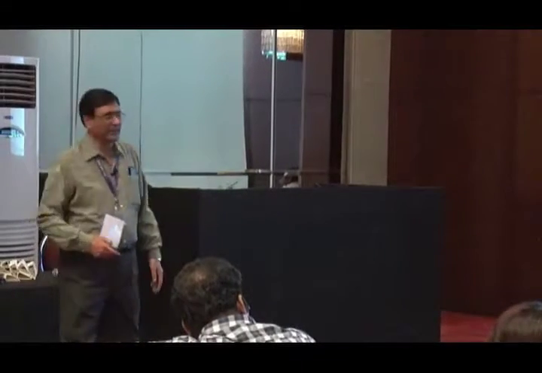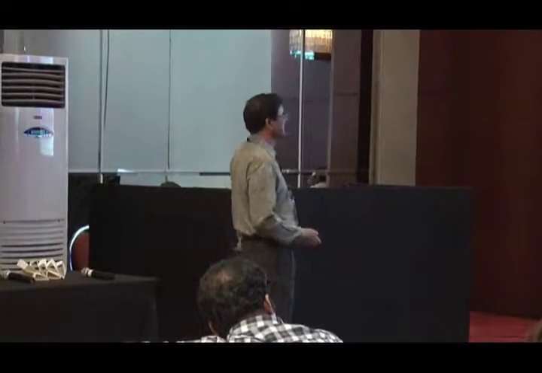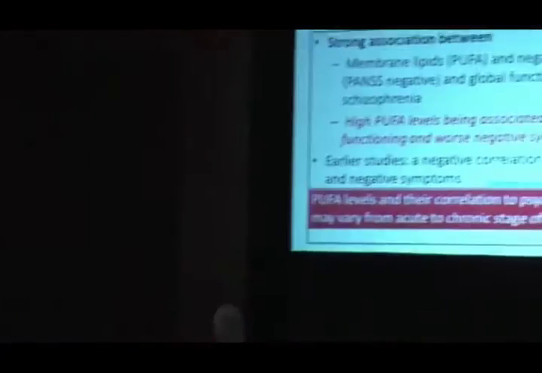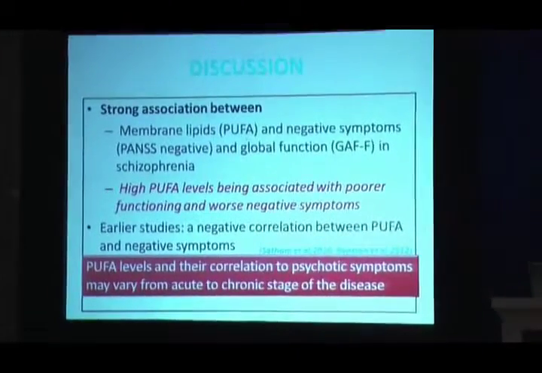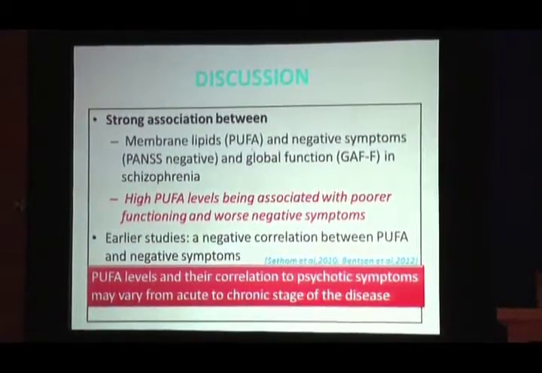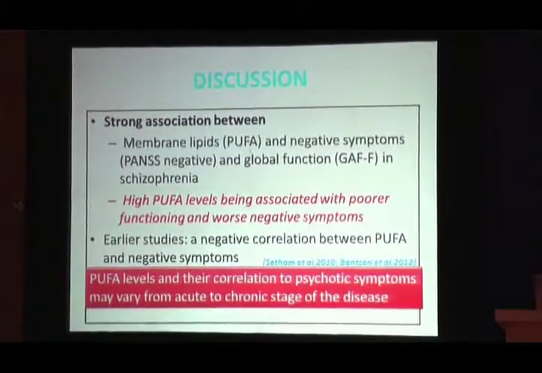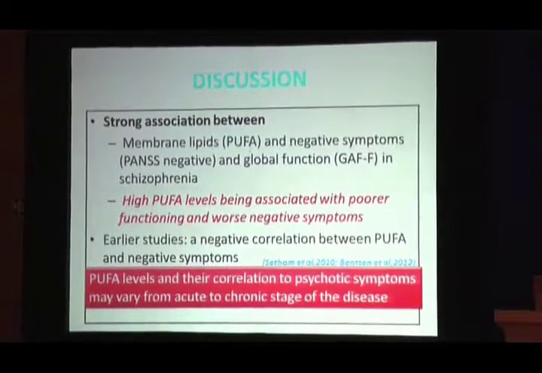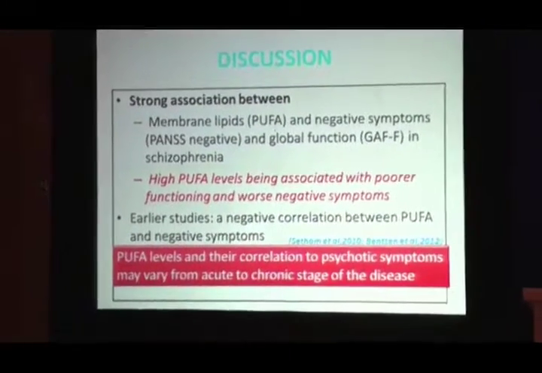That means higher the PUFA, lesser the negative symptoms. PUFA levels and their correlation to psychotic symptoms may vary from acute to chronic stage of the disease. Now that's a fact which we all ought to know, and which the authors and investigators should have taken into account while discussing their results.